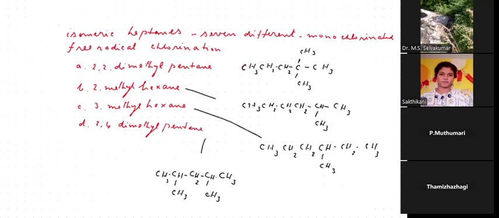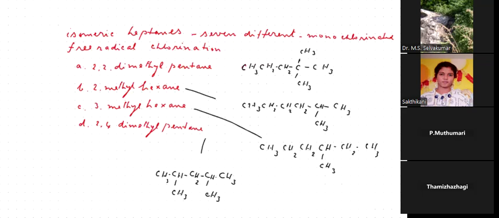Here, whether the hydrogen is replaced from here or here, it is going to be the same product. So 1, 2, 3, 4, 5, 6. 6 types are possible. But look here, this is one type. This is second. This is third.